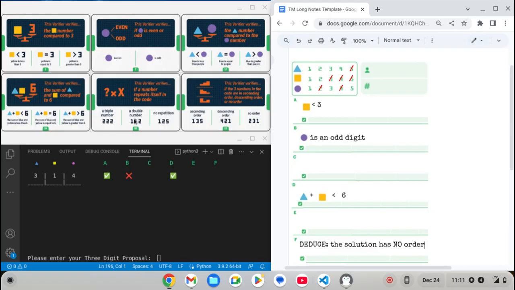And a third case is, what if that middle digit separated the pairs? So the pairs were in the first and the last. Well, that would be an increasing, decreasing, or vice versa possibility. And that again has no order. So that means we can outright deduce E to be that there should be no repetitions.